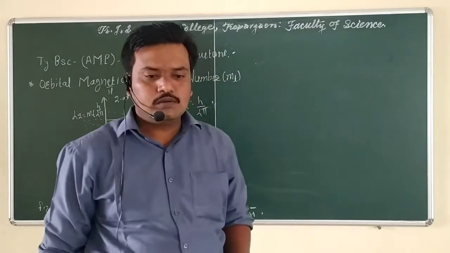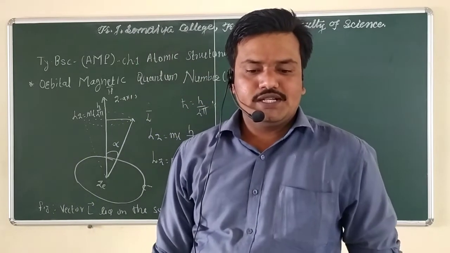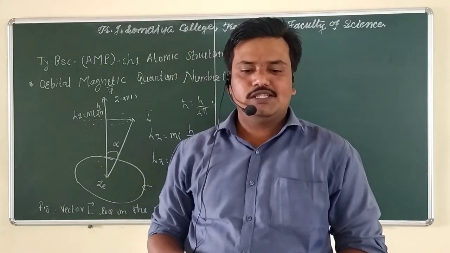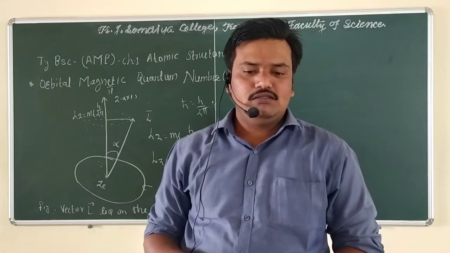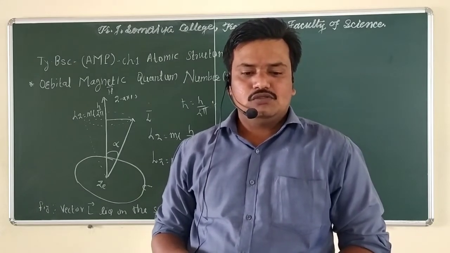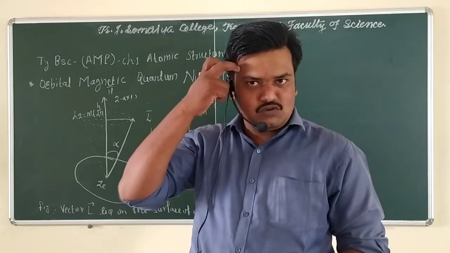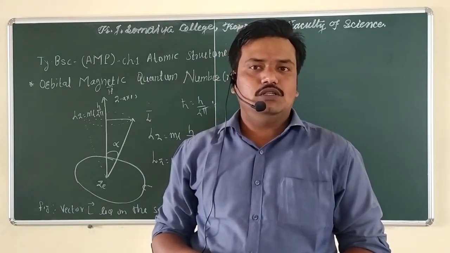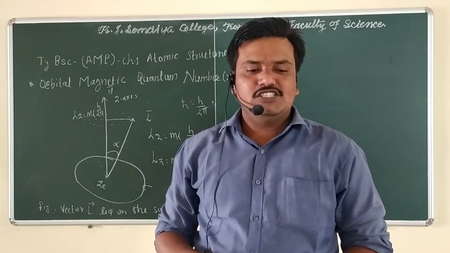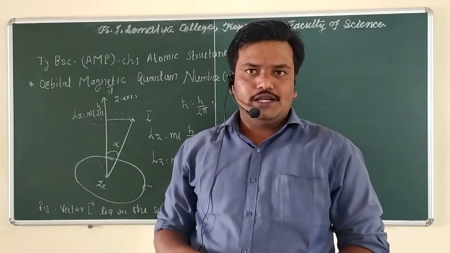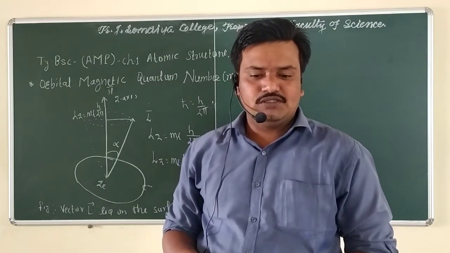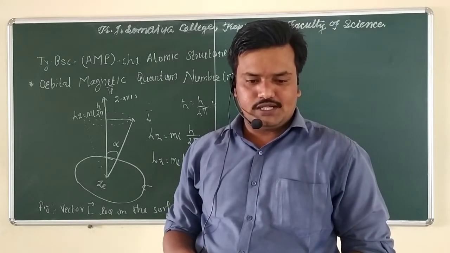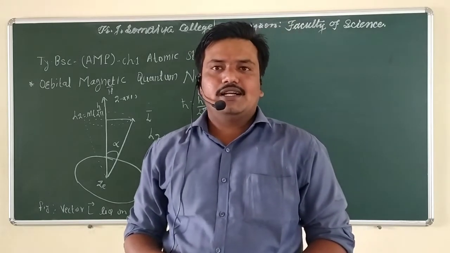So the possible orientations of the electron orbit in space with respect to the magnetic field direction are known as the space quantization. What this means is the possible orientation of the electron orbit in space with respect to the external magnetic field H, the field direction, is known as the space quantization.